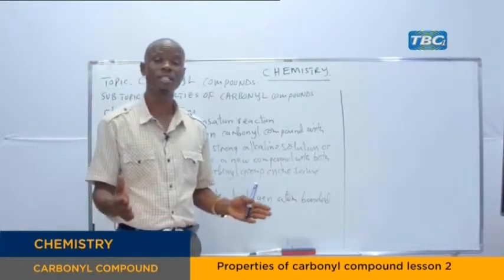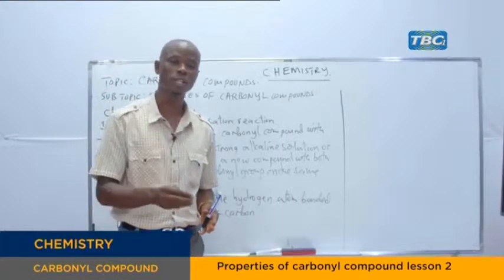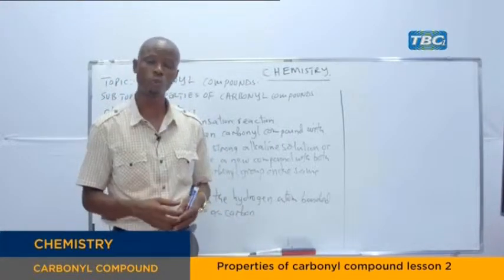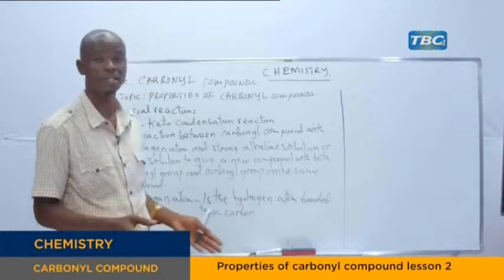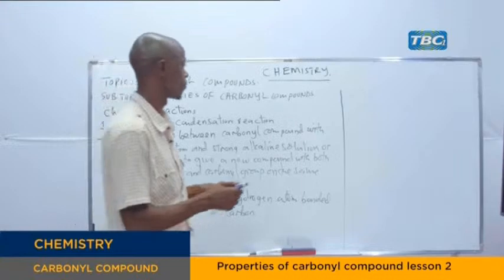Now you can ask yourself, what is alpha carbon? Alpha carbon is the carbon atom which is directly bonded to the carbon of the carbonyl group. So it is very simple to understand this definition. So we can have some examples.